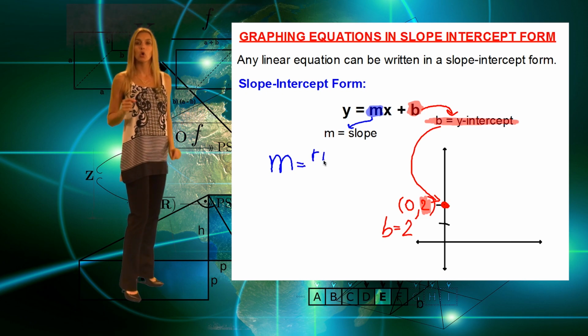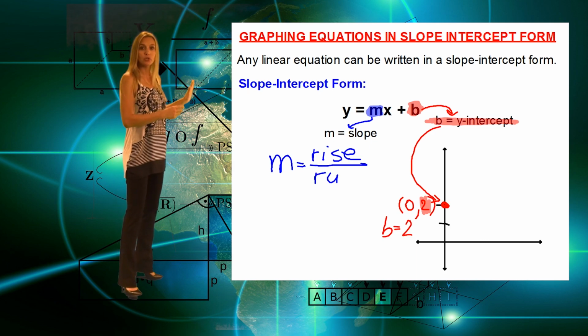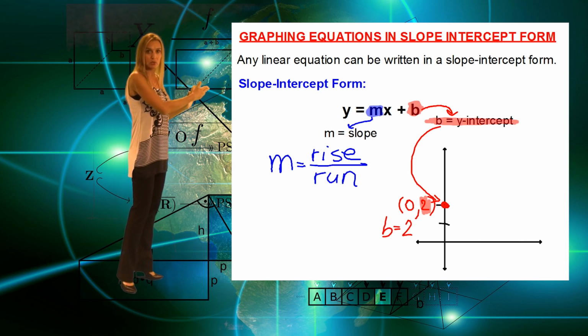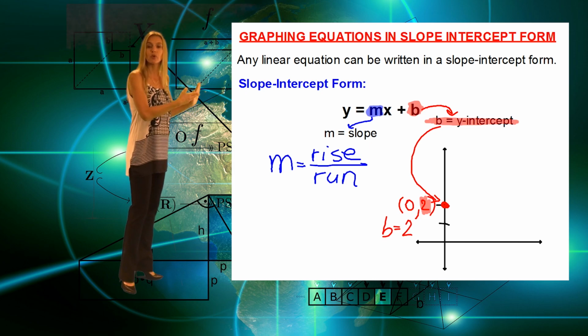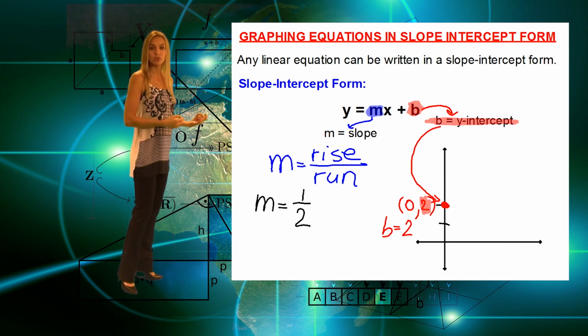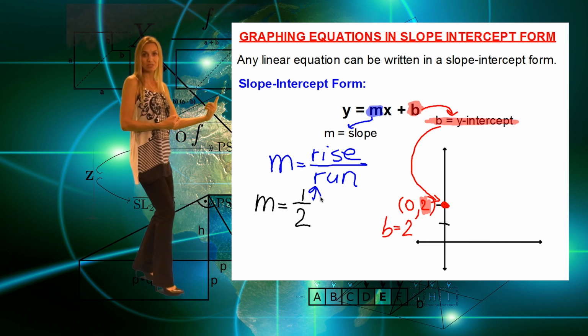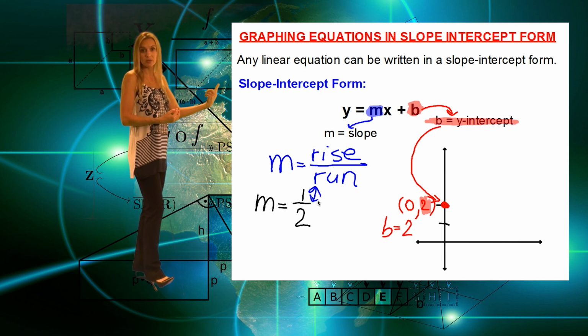Now when it comes to slope, I'm sure you have heard of it before. When it says slope, we usually think about rise over run, and slope is represented by the letter m. So if I have, let's say, slope m is 1 over 2, well, the 1 is positive, so that is movement up. It's rise.